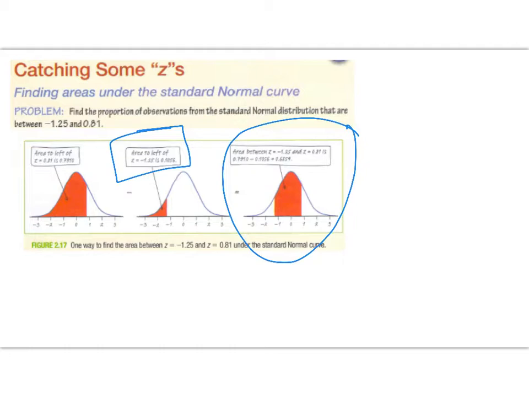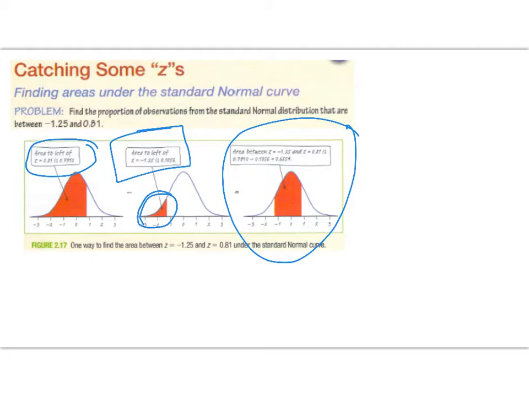that gives me an area of 0.1056. Okay? But remember, my table tells me what's to the left. So that's giving me this little tail right here on the left. When I look at my z-score for the 0.81, that gives me a much larger area of 0.7910.